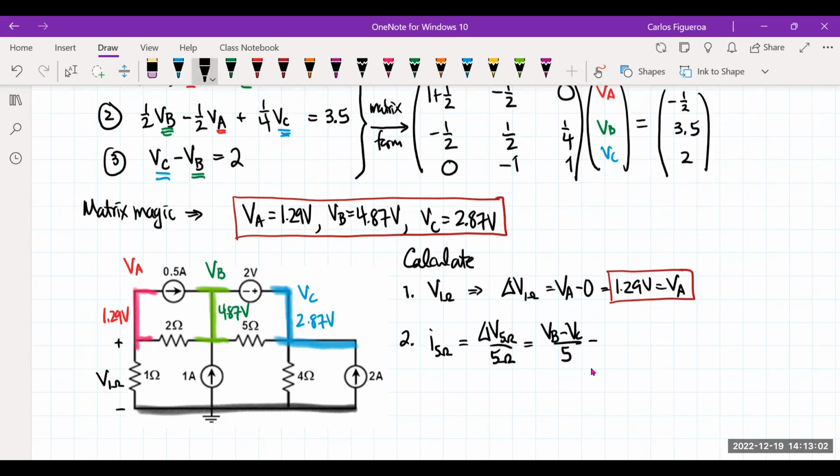If I plug that in, I get 4.87 minus 2.87, and then this is divided by 5. What you're seeing here is that I get 2 volts divided by 5 ohms, which gives me 0.40 amps, and that's the current of the 5 ohm.